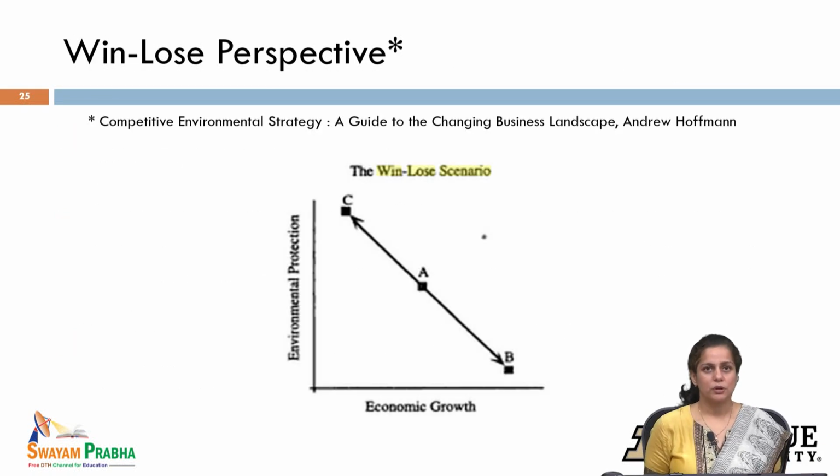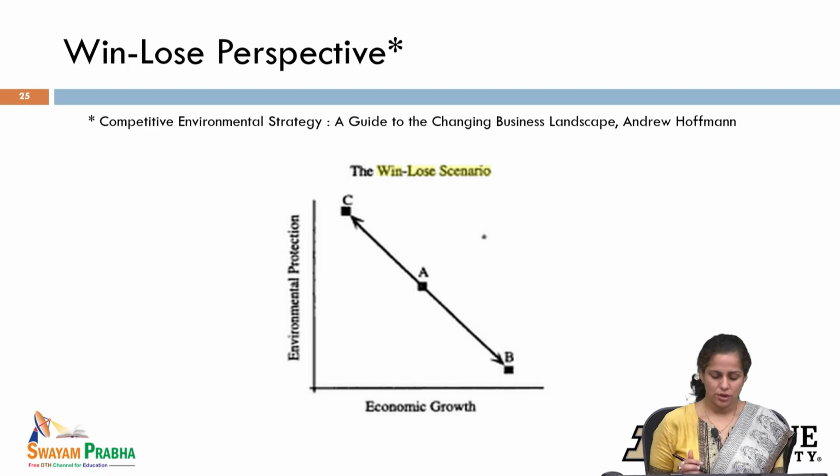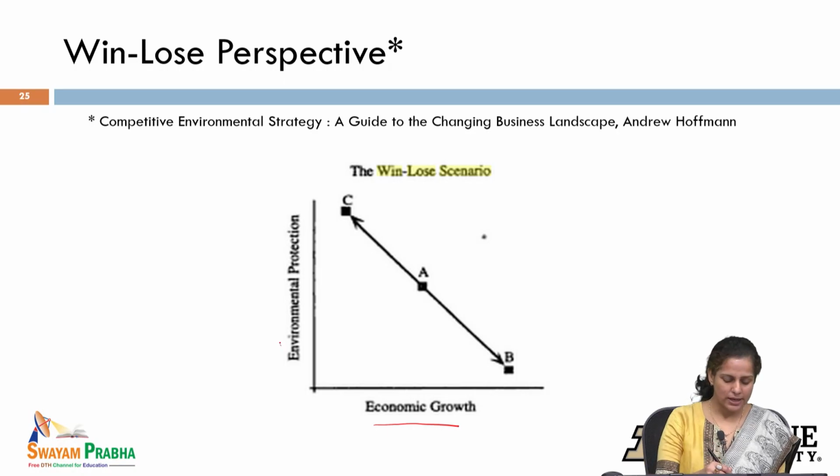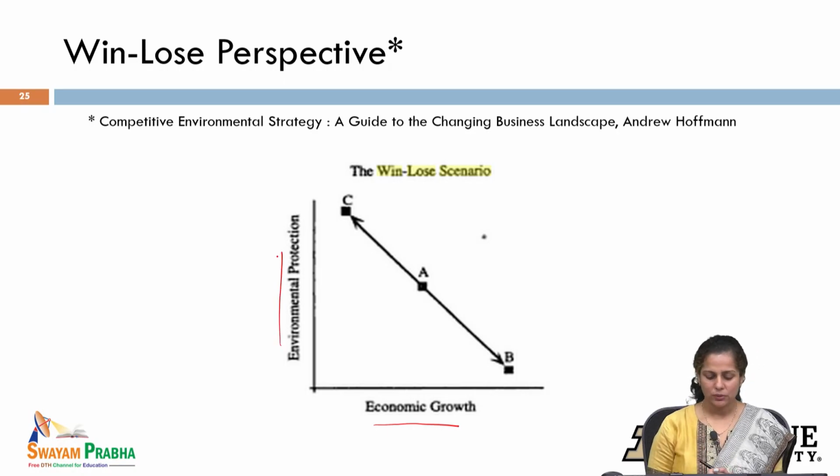Here is an example of the win-lose scenario. This is at the intersection of the economic and the environmental pillars of sustainability. On the x-axis we have economic growth, and on the y-axis we have environmental protection, and you can see that option B is where we have very high economic growth and very low environmental protection, which means that if we increase our economic growth fast, we might not be able to protect our environment.